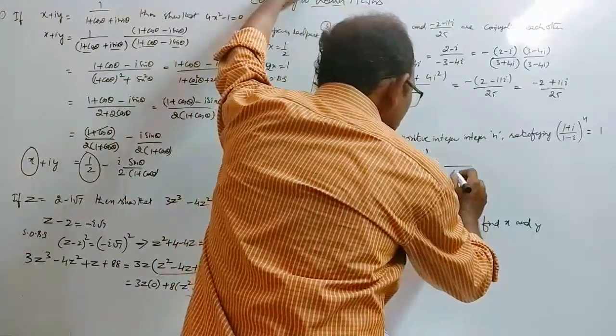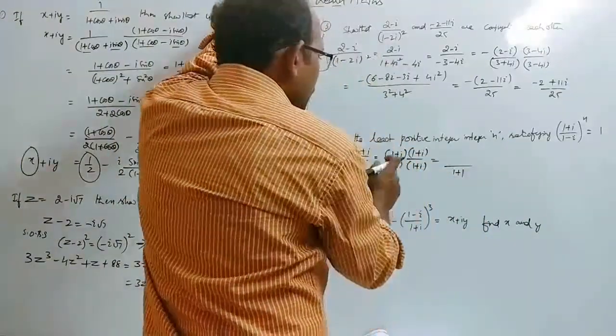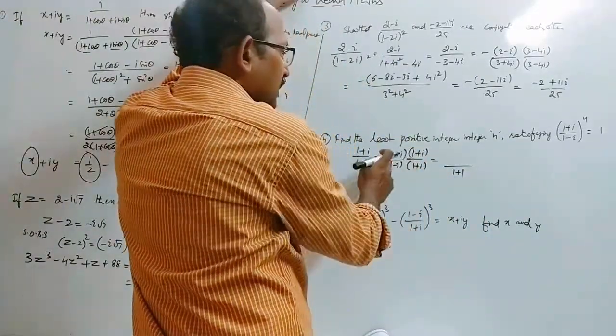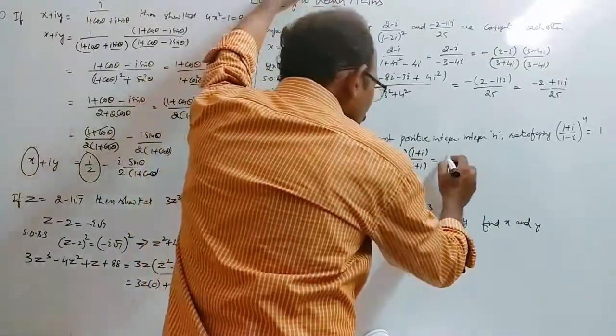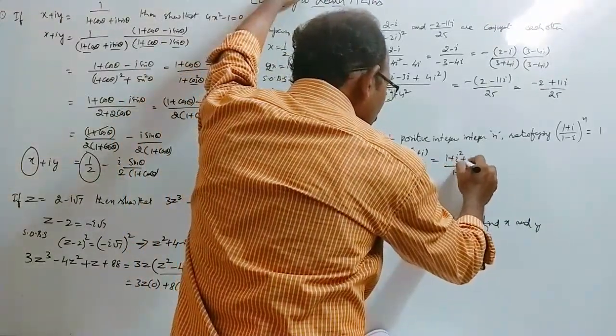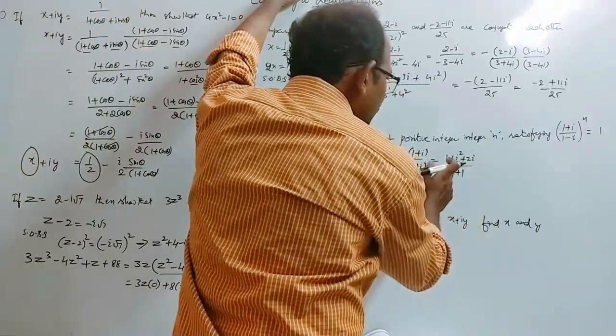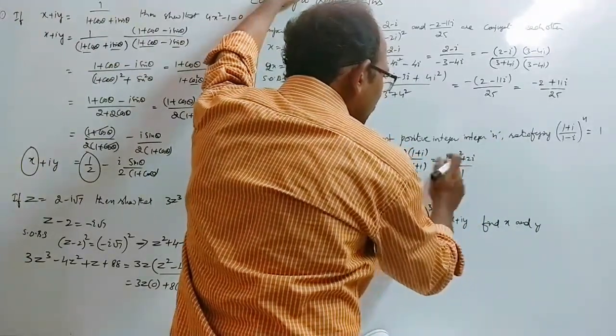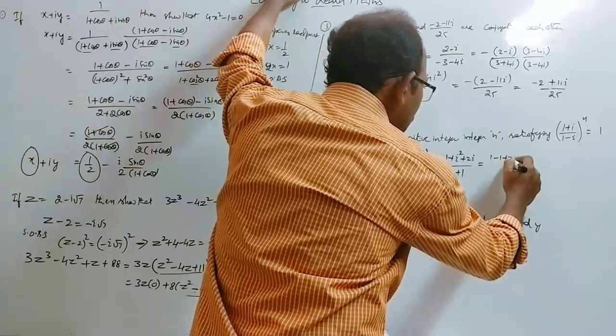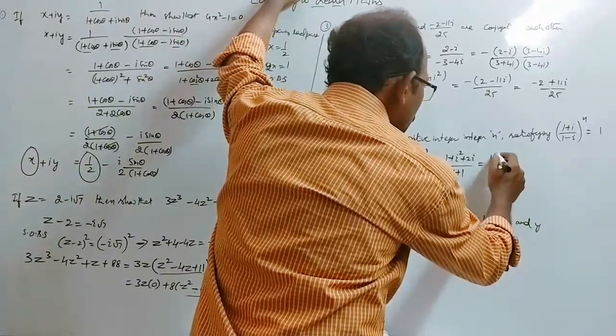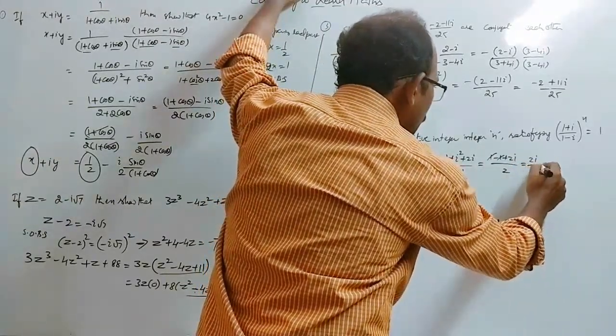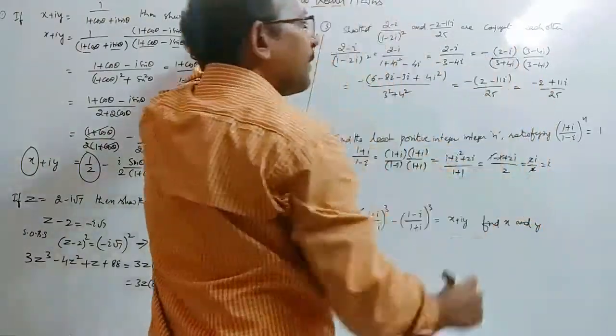Therefore, which is nothing but 1 plus 1, and again here (a plus b) whole square, (1 plus i) into (1 plus i). Therefore, 1 square plus i square plus 2i. Therefore, i square is minus 1, therefore 1 minus 1 get cancelled. 1 minus 1 plus 2i by 2, that is equal to 2i by 2. Therefore, that is equal to i.